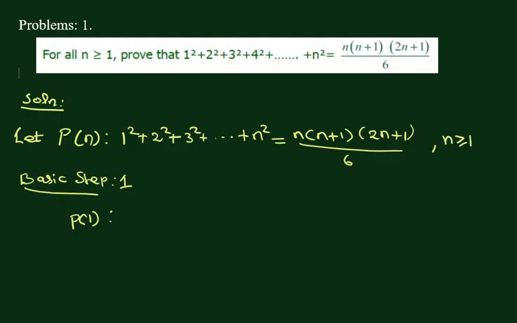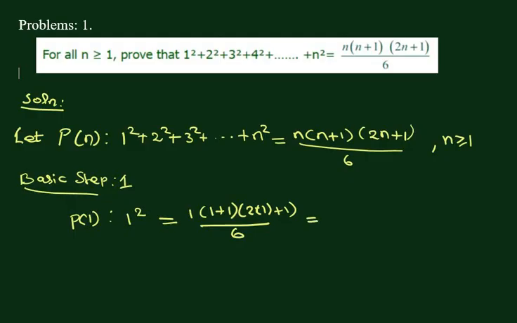If we consider P of 1, the statement becomes 1 square, since we stop at 1. That is, I put the n value as 1. Therefore, I am getting 1 square. I want to check whether it is true or not. I am putting n equal to 1. Then we get 1 into 1 plus 1 into 2 into 1 plus 1 whole divided by 6.